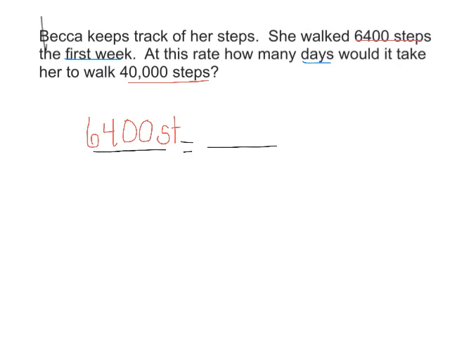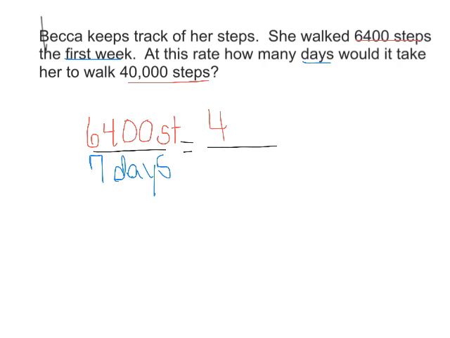Now, since my next question has days, I'm going to change 1 week into 7 days. That way, my side-by-side labels will match. The second ratio is going to have a question in it. At this rate, how many days would it take to walk 40,000 steps?